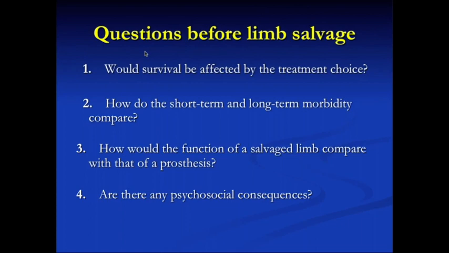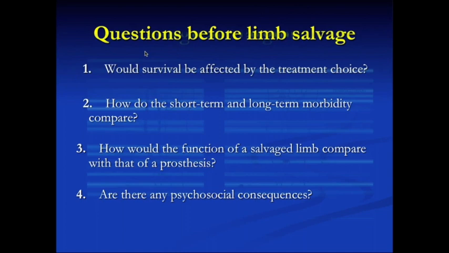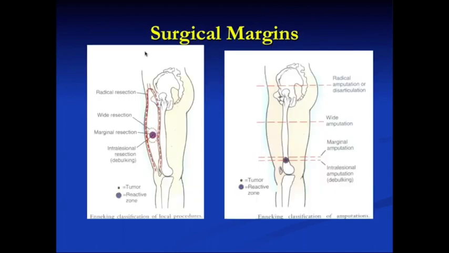So try to look at this figure and understand what the surgical margins are. As I've told you, bone is considered to be an anatomical compartment, and each muscle in a particular limb segment is also considered to be an anatomical compartment.